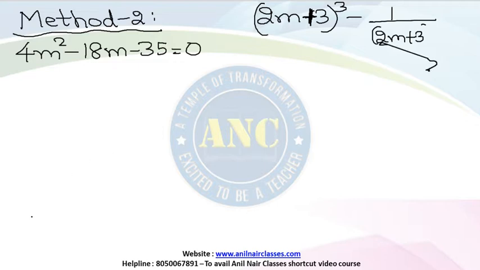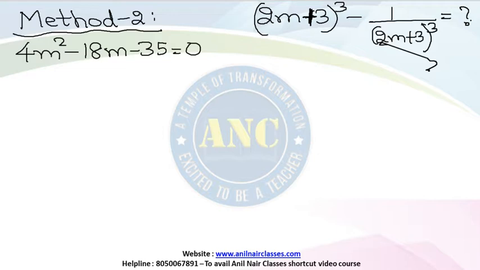Now see here, a very simple way of solving. In fact, in my previous question I used this method. Once again I am teaching you the same method so that you do not feel that this question is difficult. One method of solving is to put 2m plus 3 as some variable x.